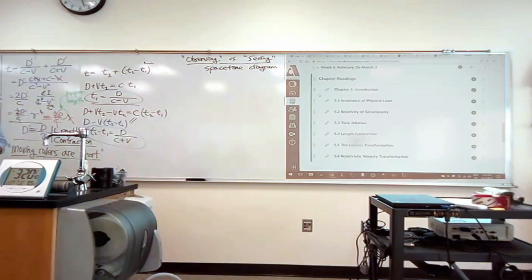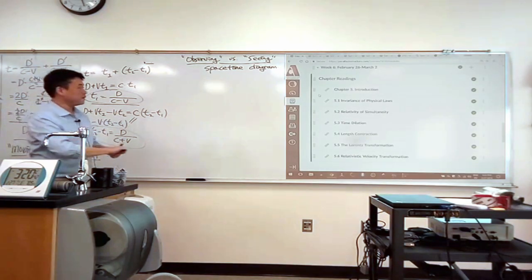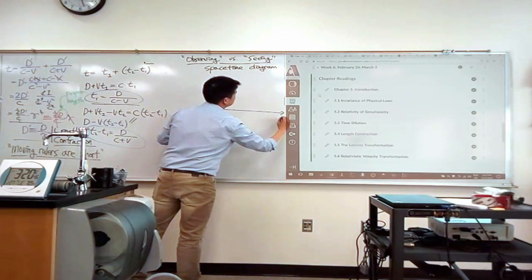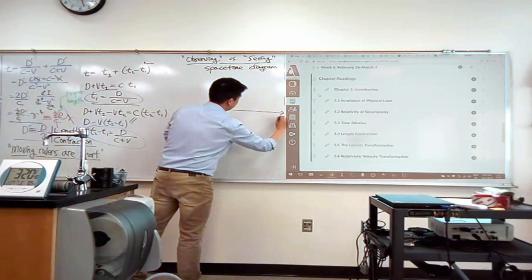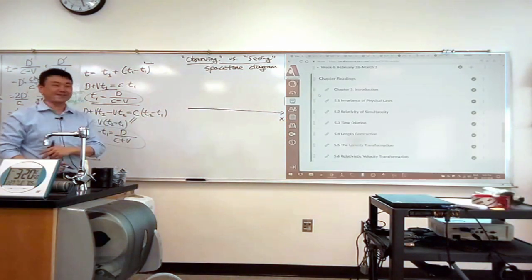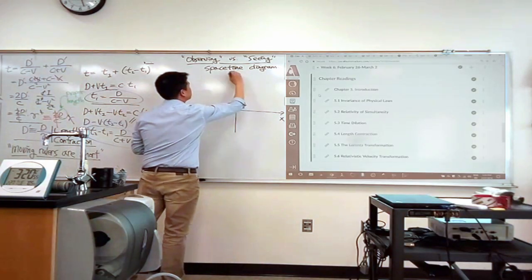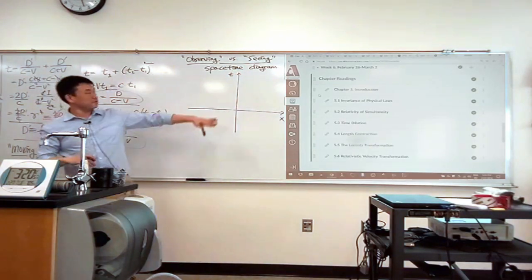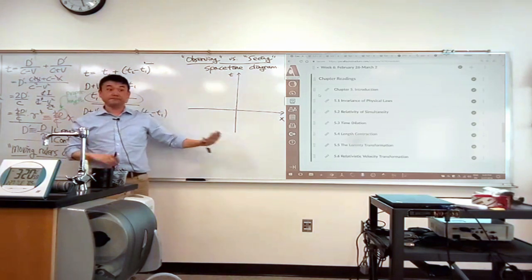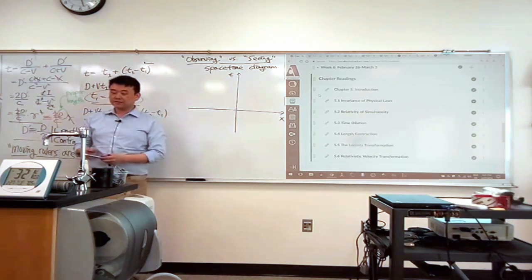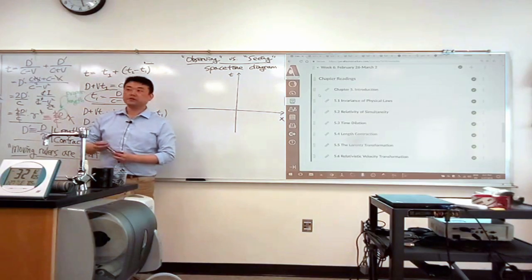So you plot something with an axis like this: the position along the horizontal axis, trying to remember the conventions, and time along the vertical axis. Yep.